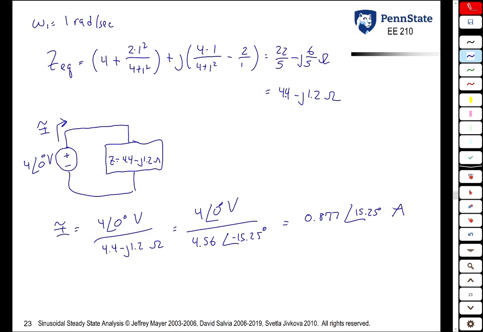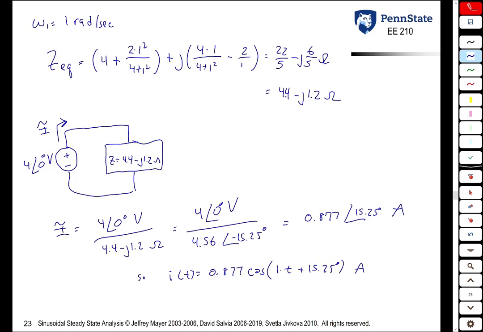That's going to be amps. So the current in the time domain is 0.877 times cosine. Frequency of operation is 1 radian per second, so it's t plus 15.25 degrees amps.